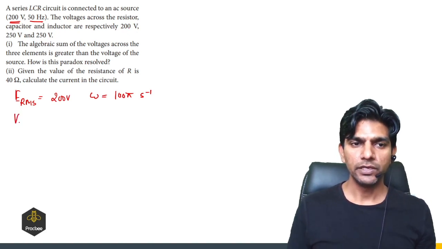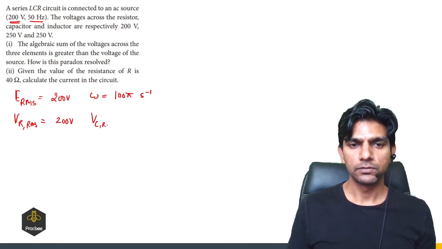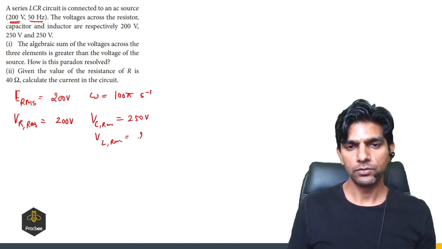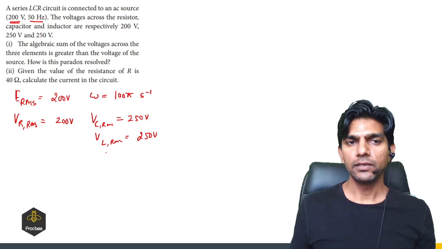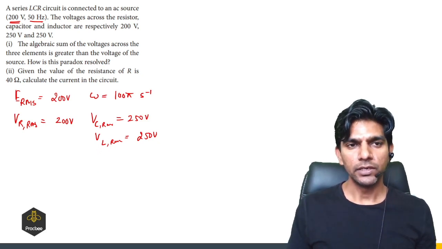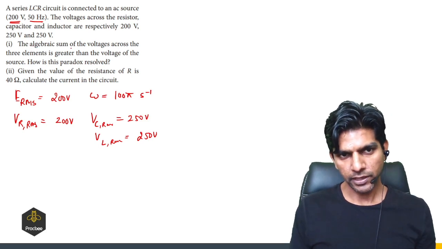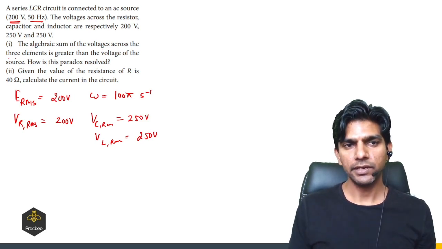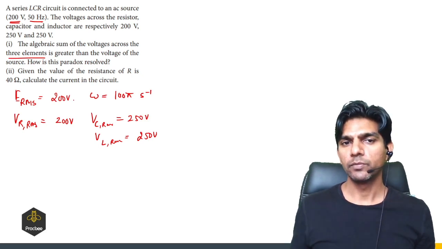So we can say VR RMS is 200, VC RMS is 250 and VL RMS is 250. Again, in this case, the phase difference will be 0, right? Okay, now let us see the question. The algebraic sum of the voltages across the three elements is greater than the voltage of the source. How is this paradox resolved?